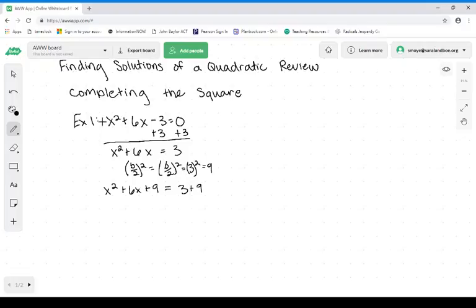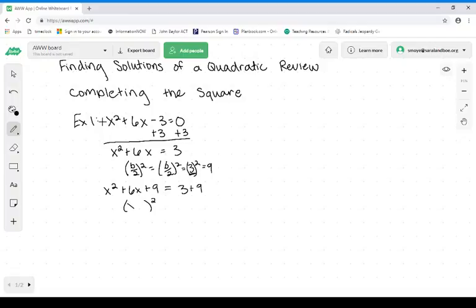And looking at this, like I said, x squared plus 6x plus 9 is a perfect square trinomial, meaning it becomes a binomial squared. There are a few little tricks that we can use to remember what goes in there. First of all, if you factored it, it would have been, what are the factors of 9 that add to give me 6? It would be 3. But every single time, it's going to be b divided by 2, which is that 3 value.